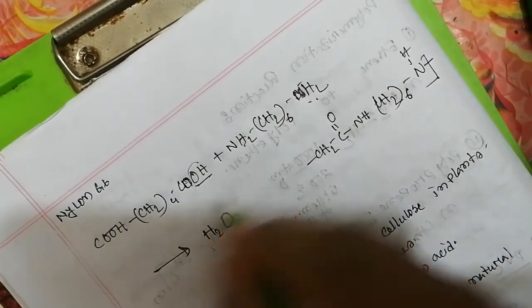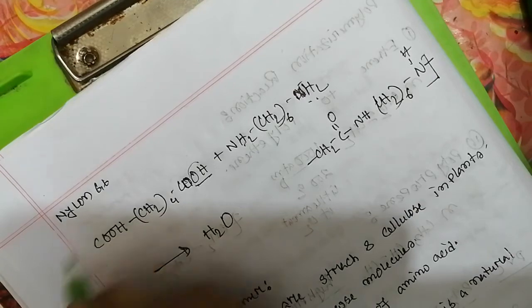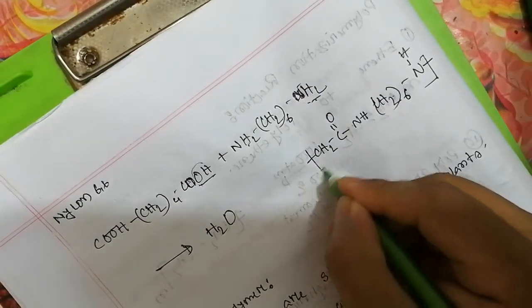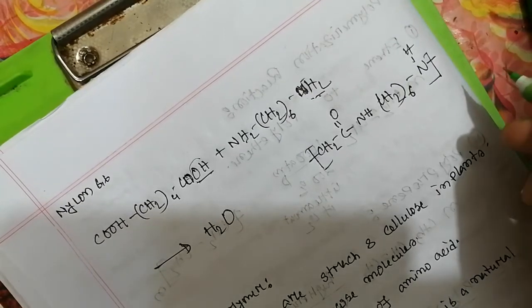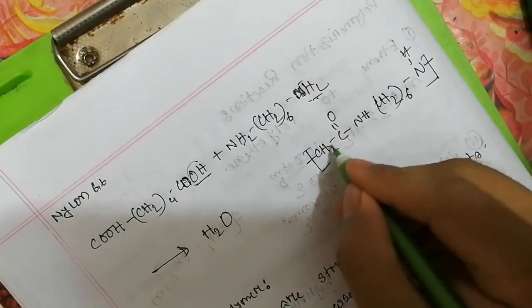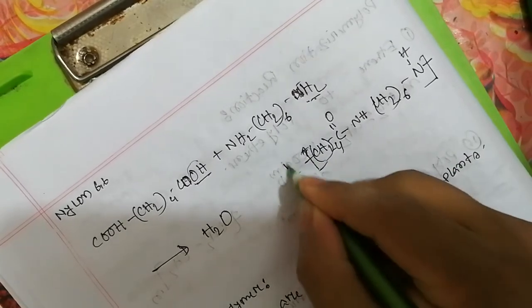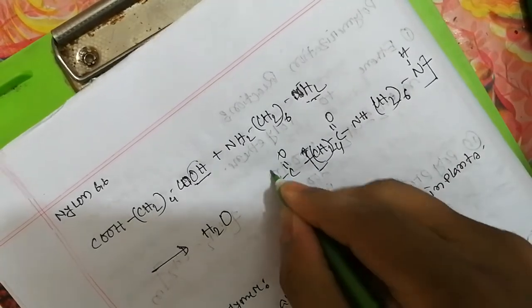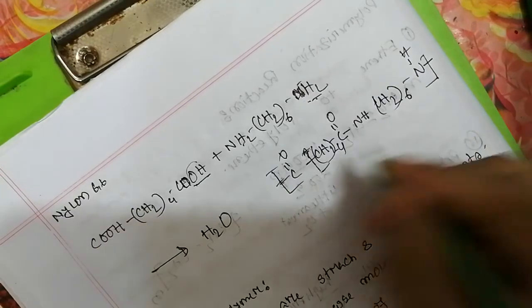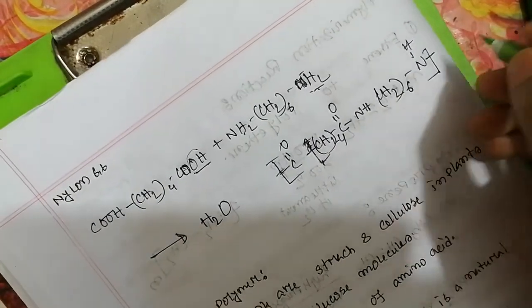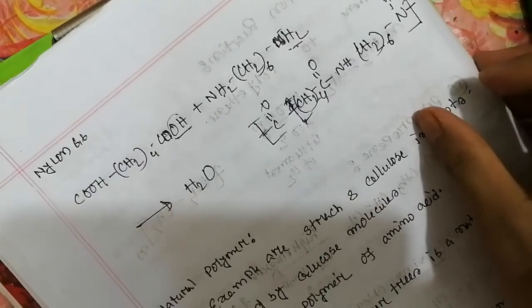And again one hydroxide is attached with another hydrogen atom and produces (CH2)4, C double bond O, H. It is the reaction, or the production, of nylon 6,6.